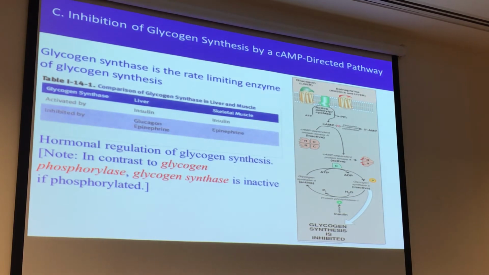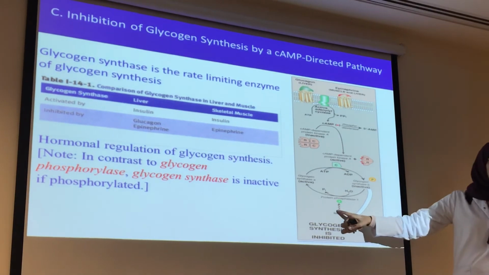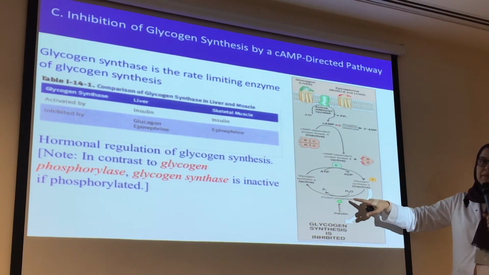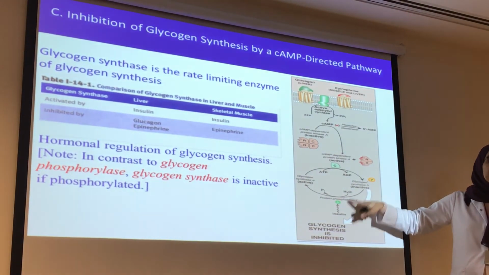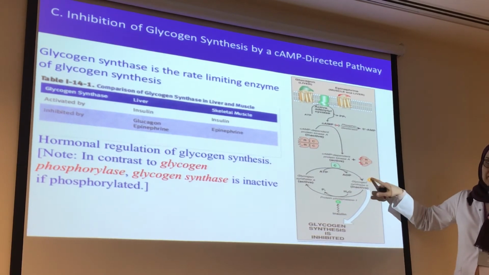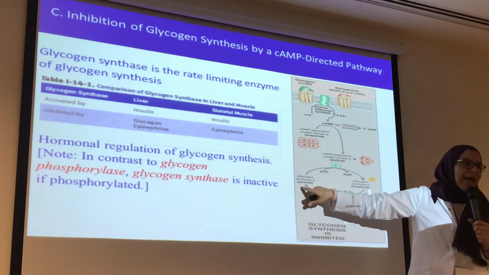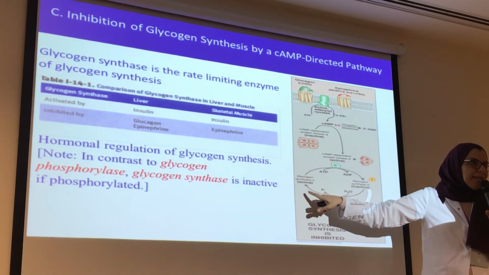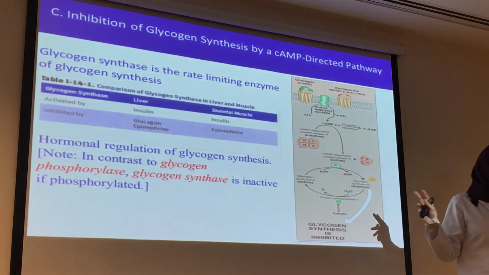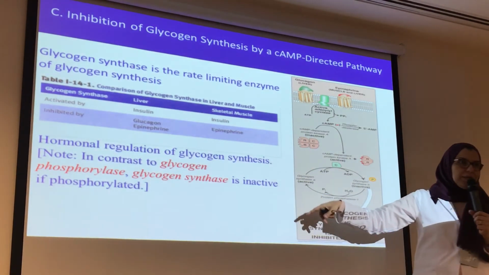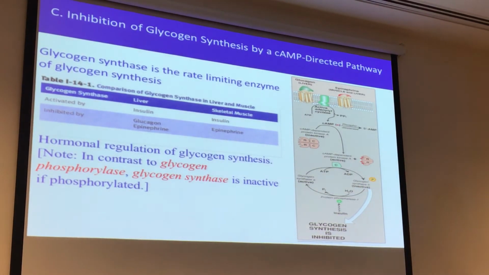So I repeat, when we are well fed, insulin is secreted, insulin will activate the phosphatase, which will remove the phosphate group from the synthase in order to make it active, because glycogen synthase doesn't like the phosphate group. Okay, so it's the opposite of the phosphorylase.